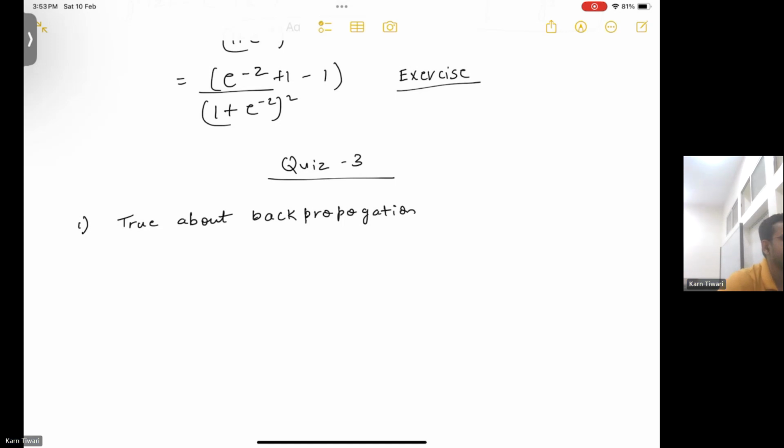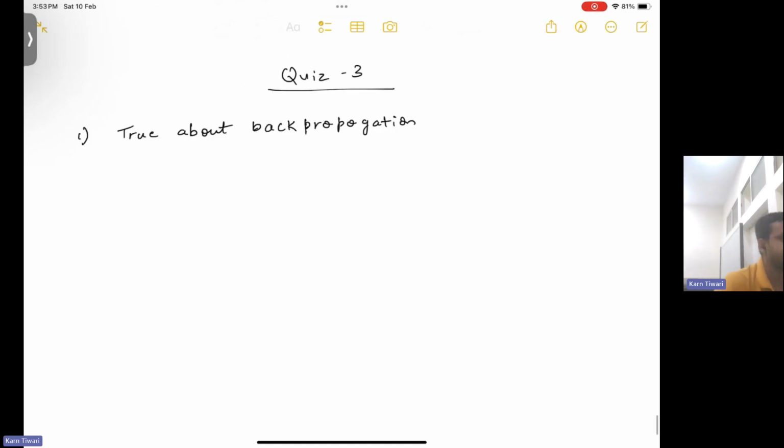They have given four options. It is used to optimize the weights in a neural network. It is used to compute the output of a neural network. It is used to initialize the weights in a neural network. It is used to regularize the weights in the neural network.